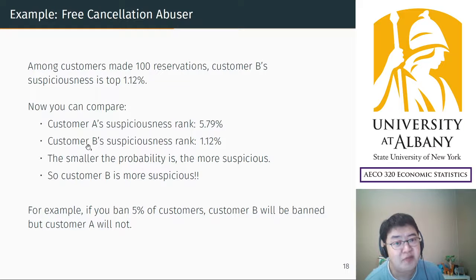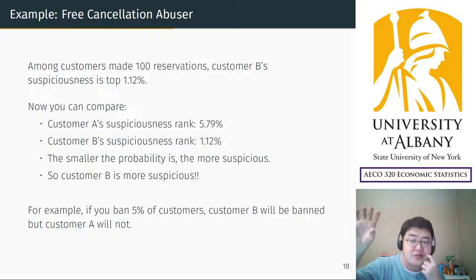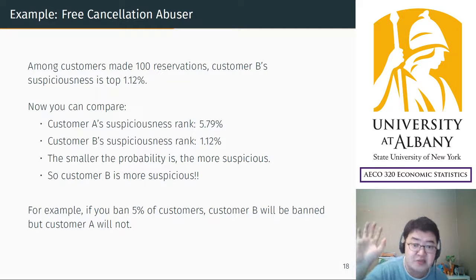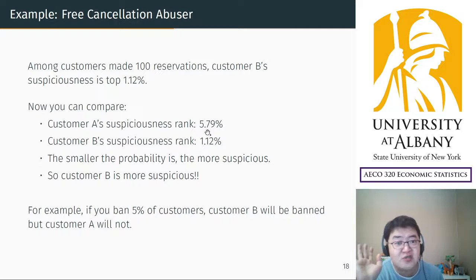So the smaller the probability is, the more top ranked, so the more suspicious. If you compare these two numbers, customer B is more suspicious.